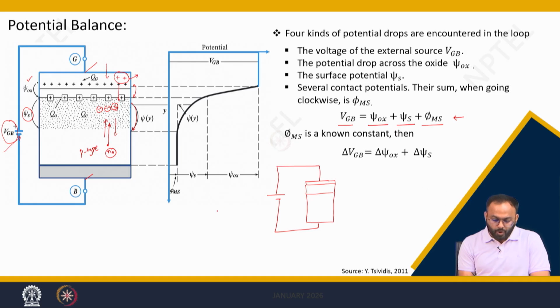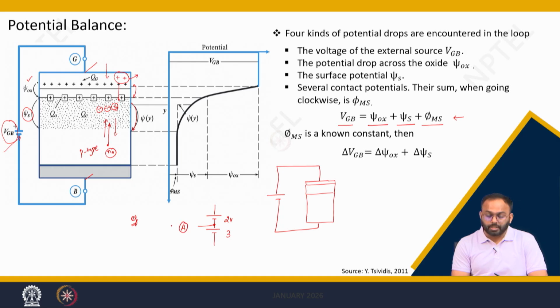Sometimes we get confused about what psi ox and psi s actually are. So, let me give you an example of a connection of two batteries. Let us consider this is 2 volts and this is 3 volts, and I am interested in this node A. Let me ask you one question, is the node A positive or negative? So, you might ask with respect to what, because whenever we ask about positive or negative, we are actually comparing with something else, right.